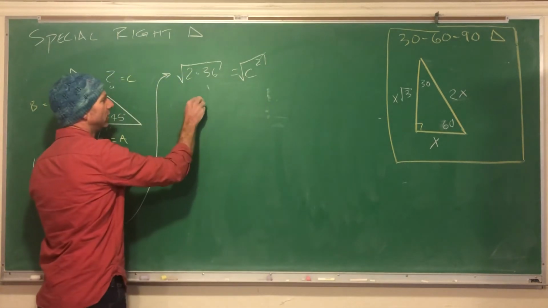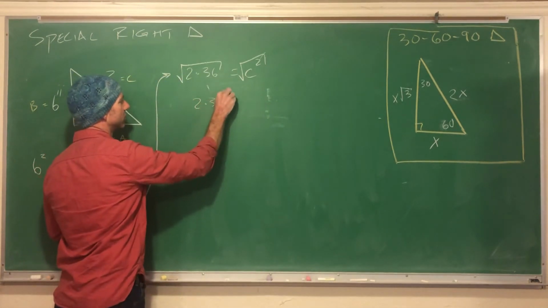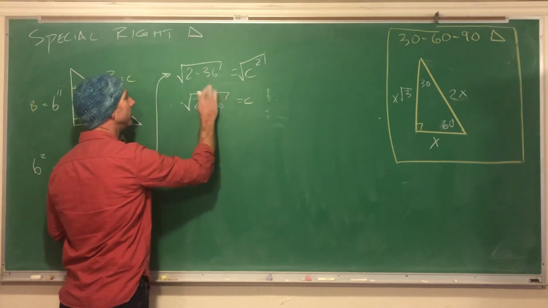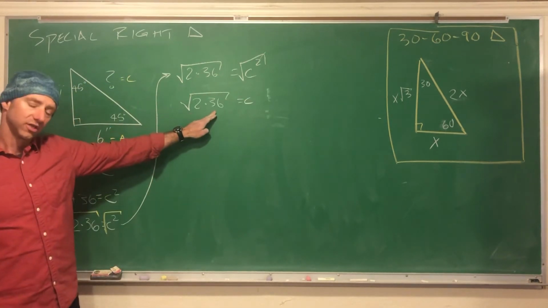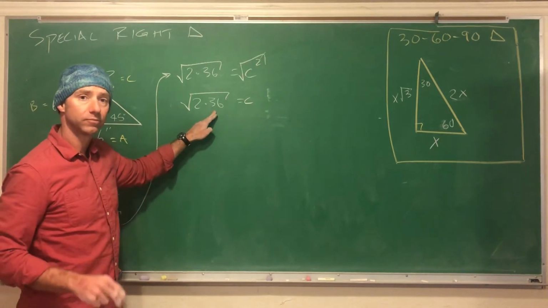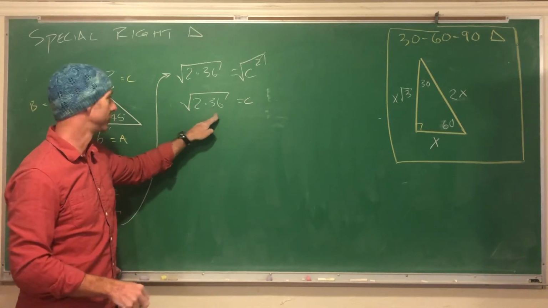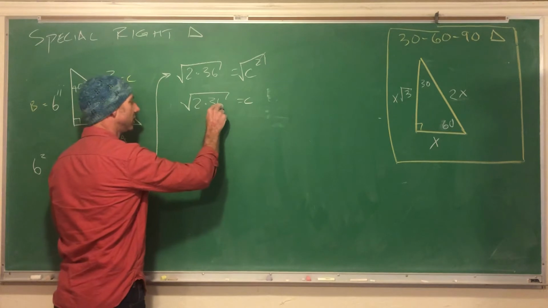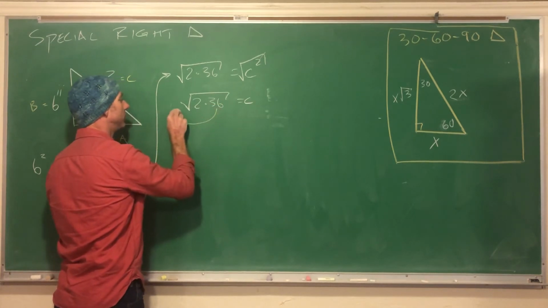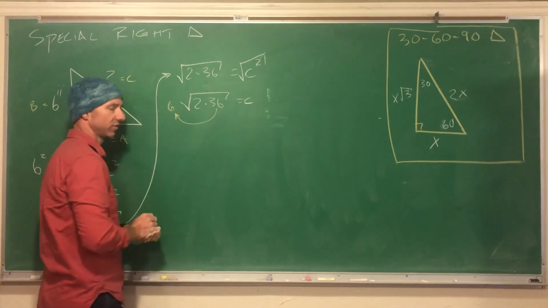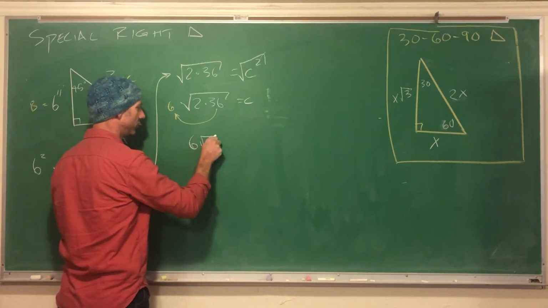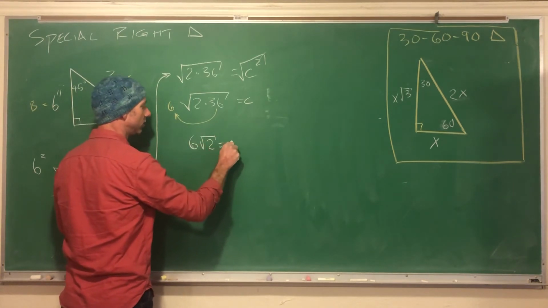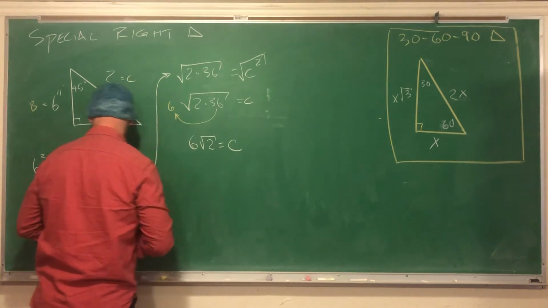And we have the square root of 2 times 36 equals c. Almost there. 36 is a perfect square, so 6 times 6 equals 36. So this 36 can come out of the square root as 6. Then I end up with 6 root 2 equals c.